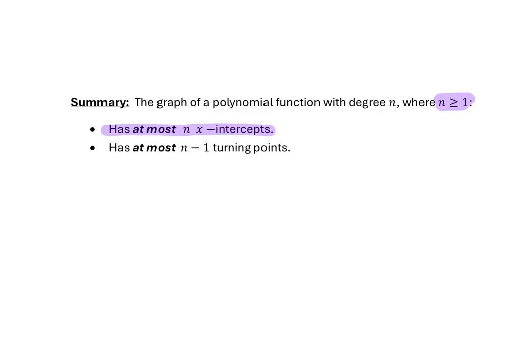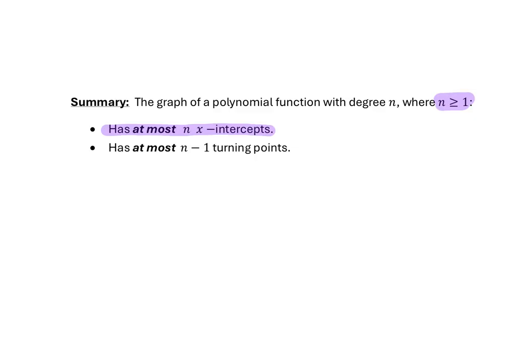Now we also have turning points. And this is the one that we kind of focus on a little bit more. Because remember that we had graphs that could have 1, 2, 3, 4, 5 x-intercepts. But we did have a little bit more restrictions in terms of how many turning points we could have.